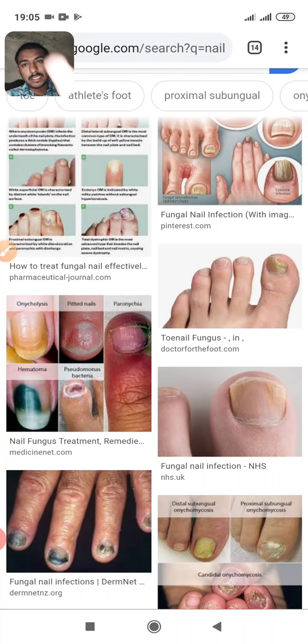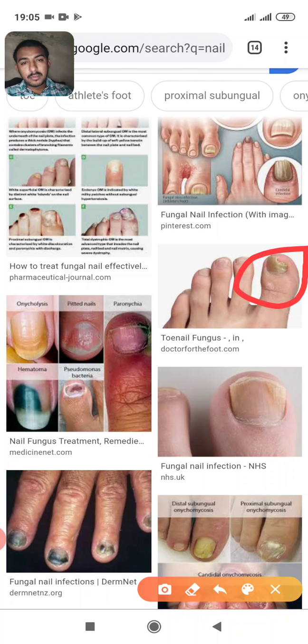You can see here that the nail is broken due to fungal growth. The nail has been so weakened that it no longer has the capability to withstand certain pressures, so it could easily be broken. It is very sensitive, very prone to being damaged.